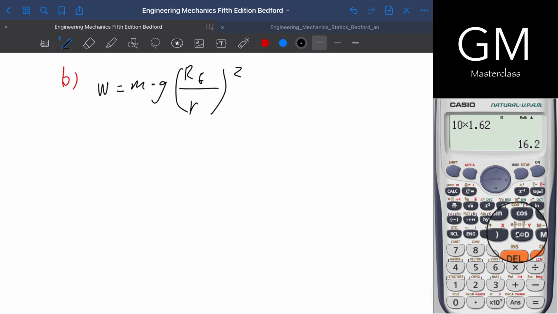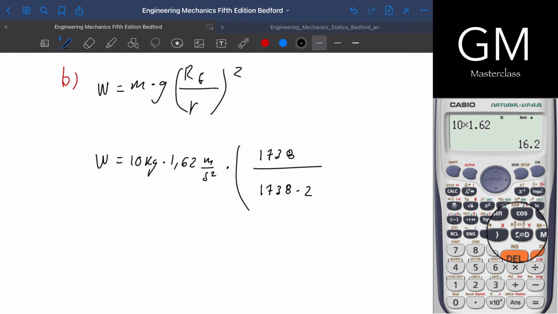Now the force exerted is going to be equal to 10 kilograms multiplied by the gravity, 1.62 meters per square second, and multiplied by Re, 1,738, divided by 1,738 times 2.